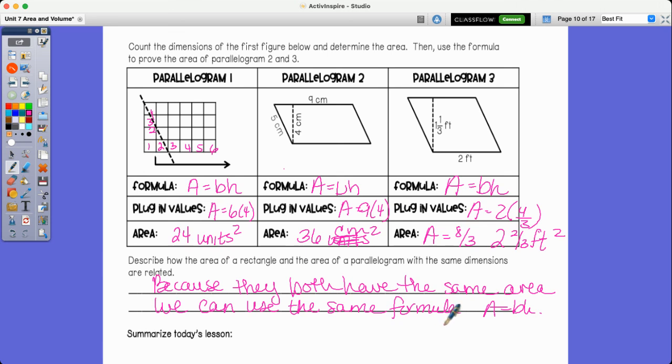Because they have the same area, we can use the same formula, area equals base times height. Wow, super messy handwriting tonight.